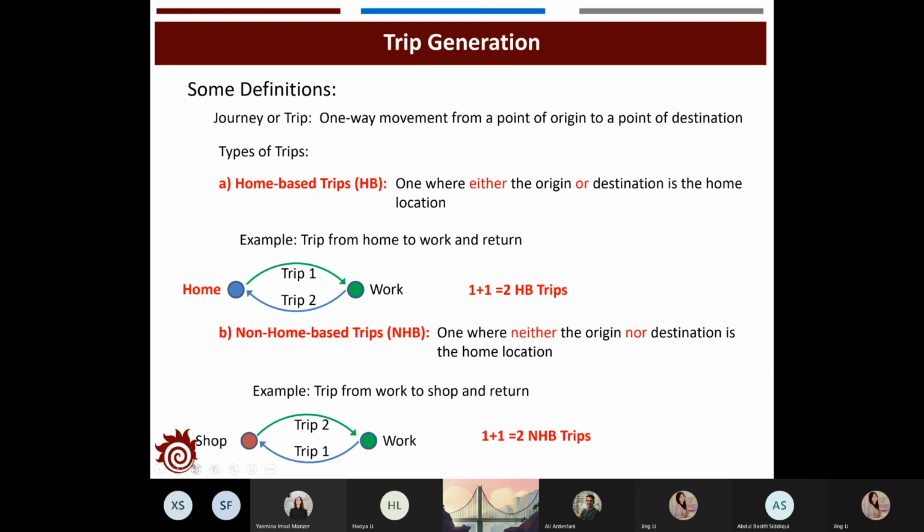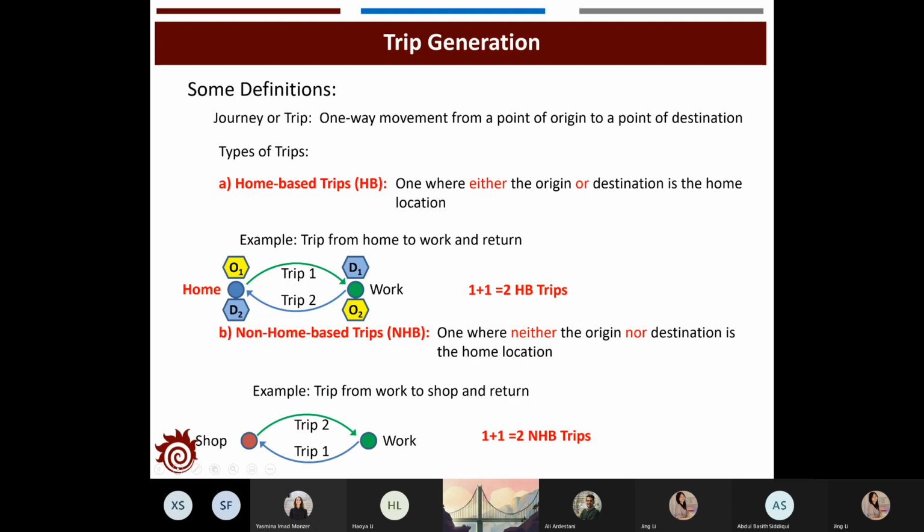Also, this is just one type of definition about the trips. We also need to know how home-based trips and non-home-based trips are differentiated by origin, destination, purpose, production and attraction. First, let's see the definition of origin and destination, which is straightforward.